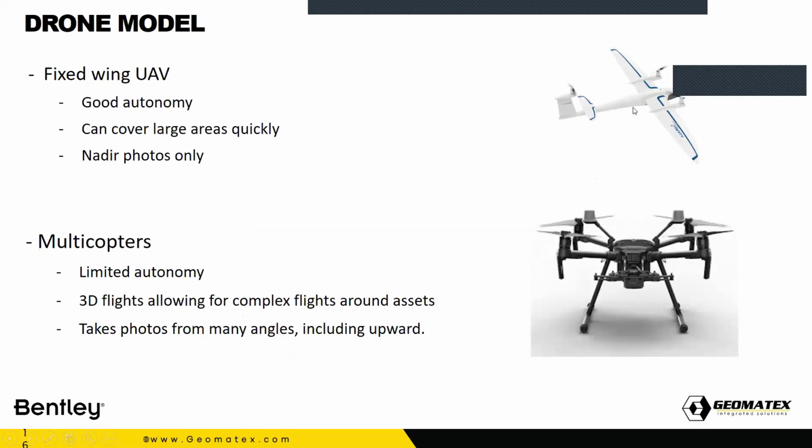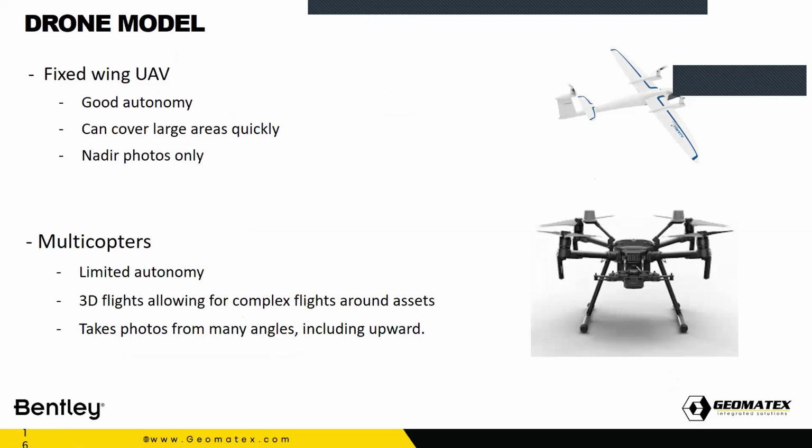Maybe it's now using nadir only, but very, very soon we will be seeing combined nadir and oblique cameras on those fixed wings and on normal quadcopters. So you will be able to take both nadir and oblique photogrammetry in the same flight line, which will save a lot of time.